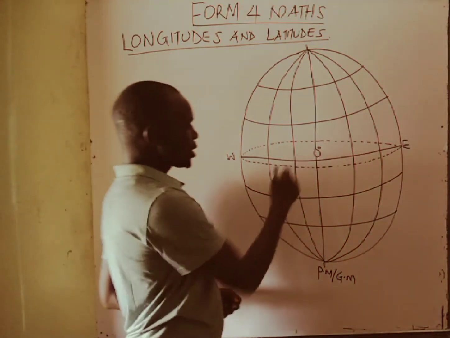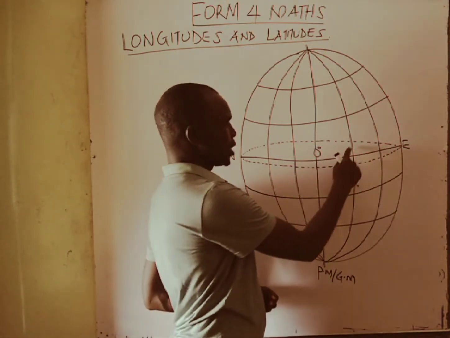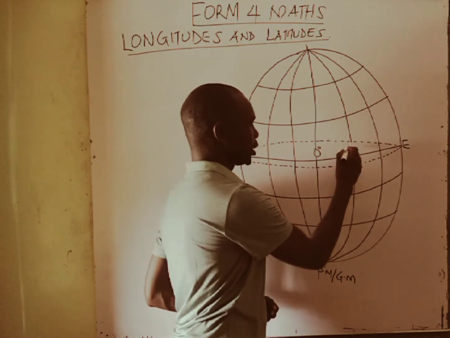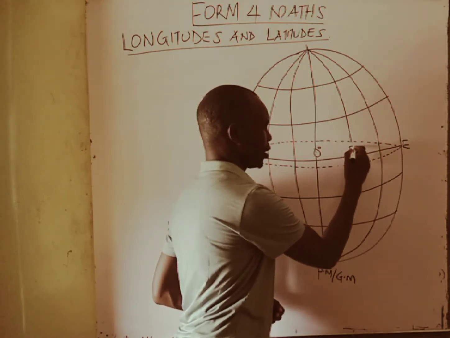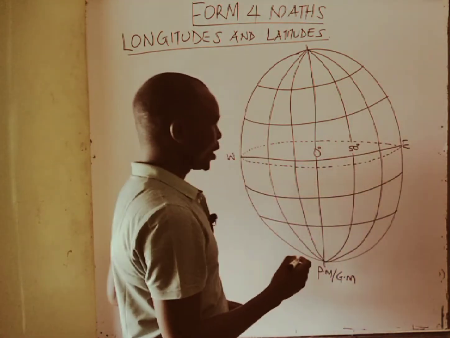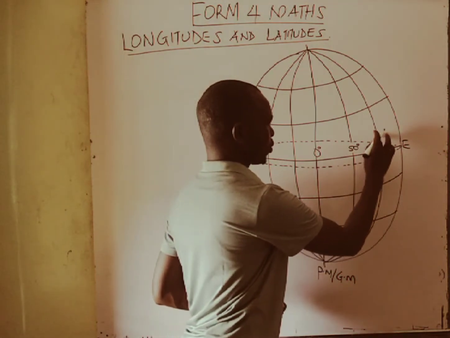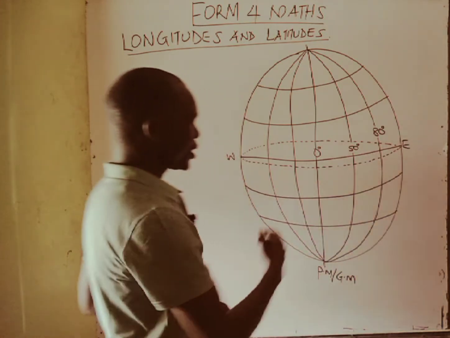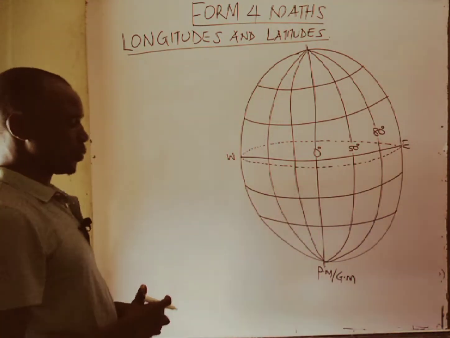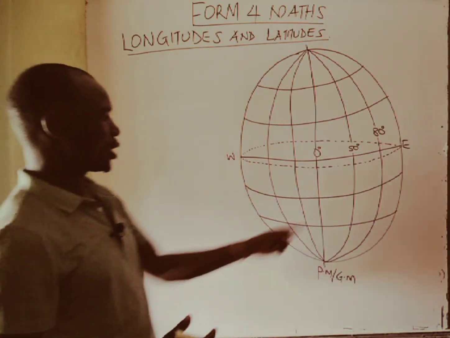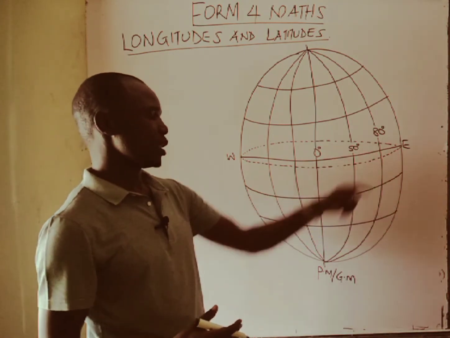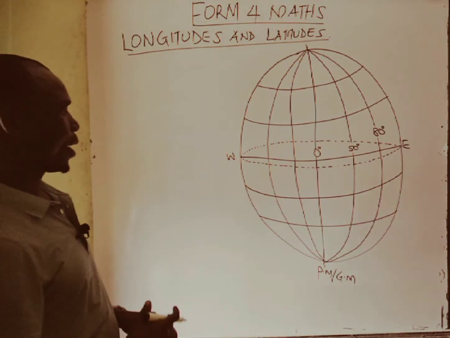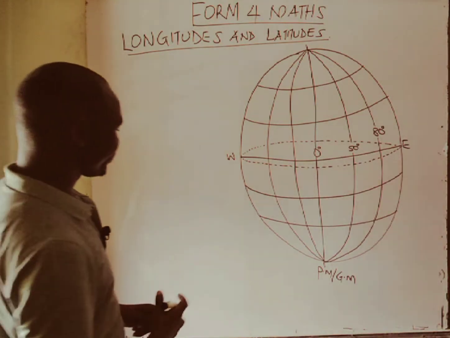From 0 degrees, assuming we measure the degree position of this longitude, and for example you find it to be around 50 degrees, and then you measure the position of this one here and you find it to be around 80 degrees, since they are to the east of the prime meridian, we say this longitude is 50 degrees east and this one is 80 degrees east of the prime meridian.